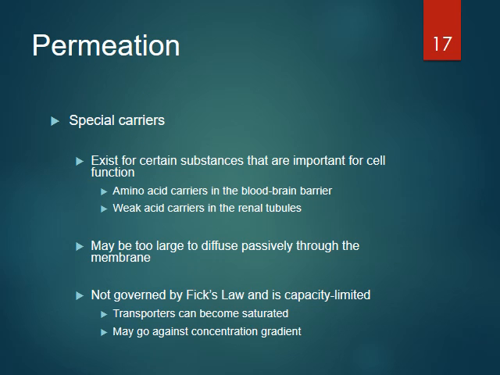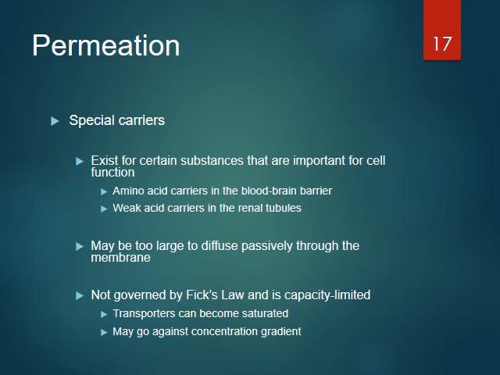So not everything goes by passive diffusion. As we mentioned, there are also things like special carriers. They can exist for certain substances that are important just for cell function. So you can have things like amino acid carriers in the blood-brain barrier. There are certain weak acid carriers that reside within the renal tubules that are important for absorption or excretion of different substances within the kidneys.